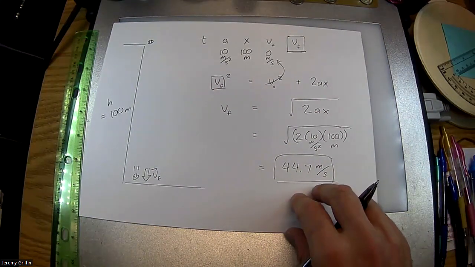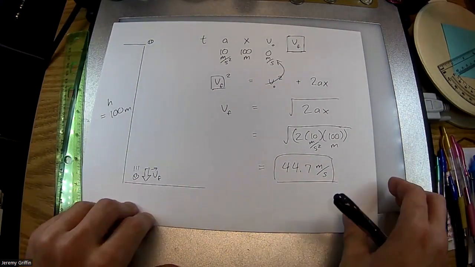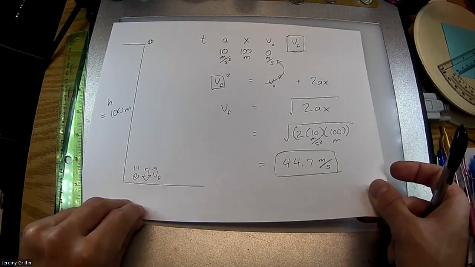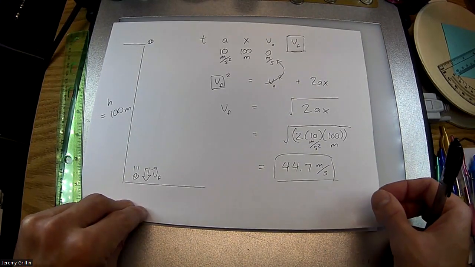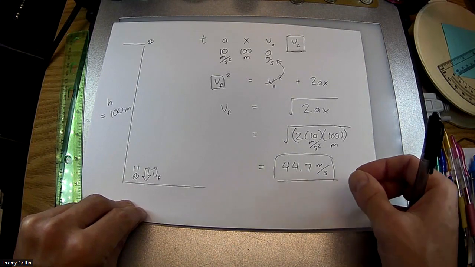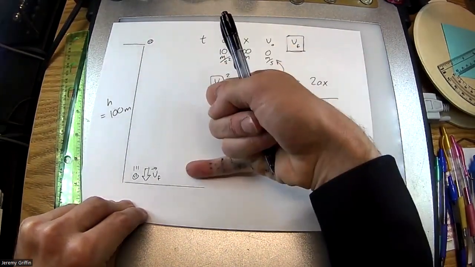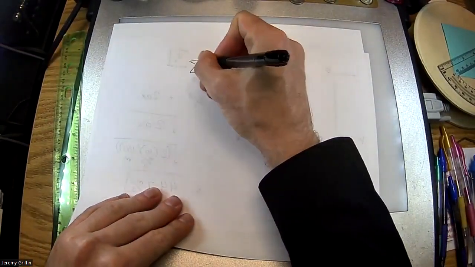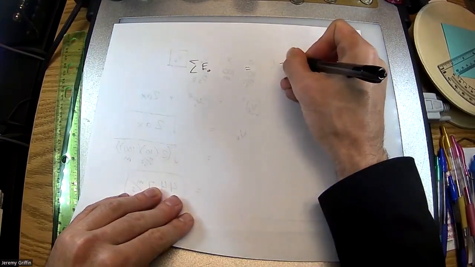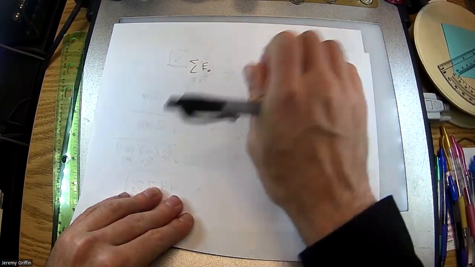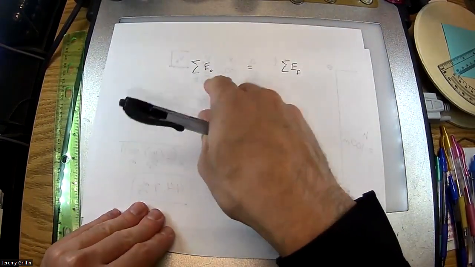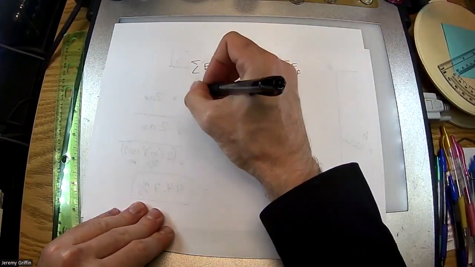That's probably it. But I said there was another way you could also solve the same question. What's the other approach? Conservation of energy. What kind of energy at the top? MGH. What kind of energy at the bottom? 1/2 mv squared. Let's do it that way. Sum of energy initial equals sum of energy final.